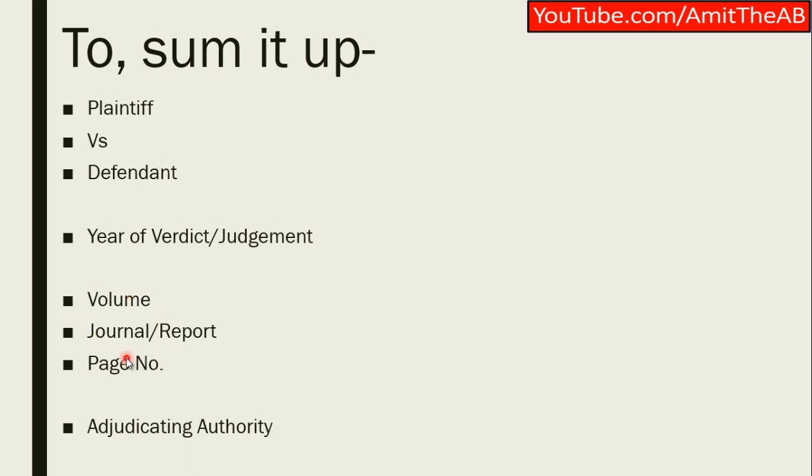The rest three, volume, journal, report and page number, just ignore them, don't put much weightage on them from an examination point of view. So once you have all this, you know what the image is, you have put it all together. What I would suggest is, write it down beside the case. Of course, you cannot draw it out or make a video out of it, but write down the real thing which you thought about.